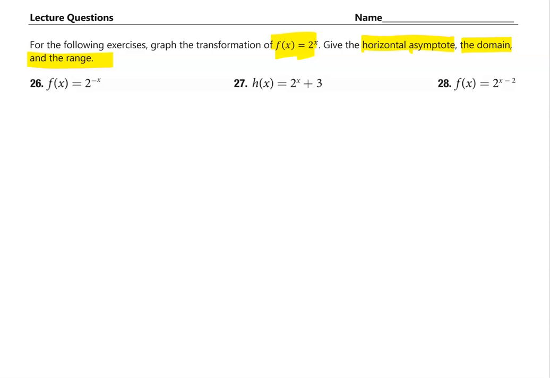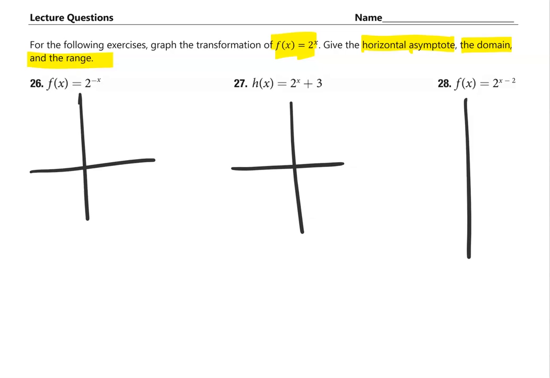So let's review the graph of all these three. I'm going to sketch it real quick. Of this 2 raised to negative x, we know that we have a horizontal asymptote here, which is y equal to 0.